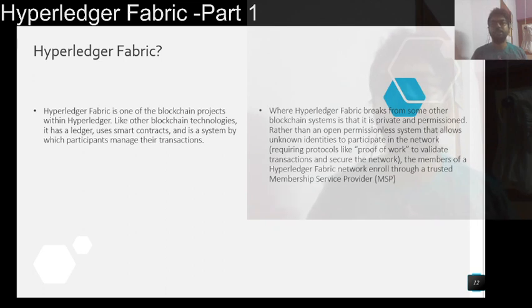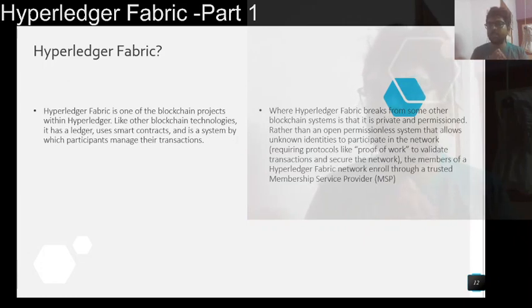Now we come to Hyperledger Fabric. Hyperledger Fabric is one of the blockchain projects. As I said before, in Hyperledger there are a lot more projects. Fabric has a ledger, it has smart contracts, it manages its participants and their permissions, so it fulfills our blockchain project.